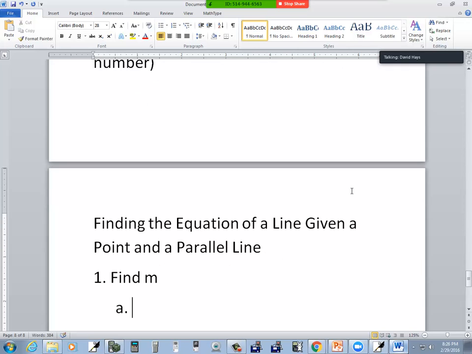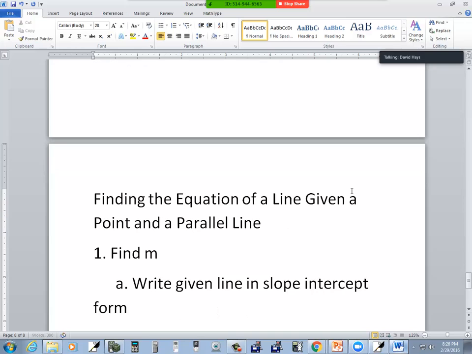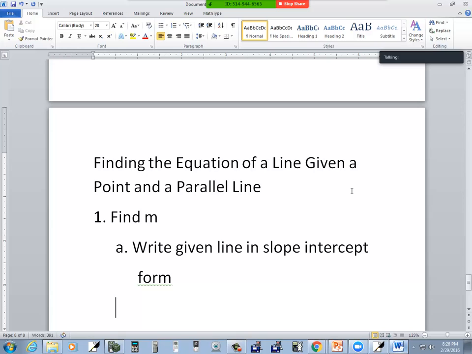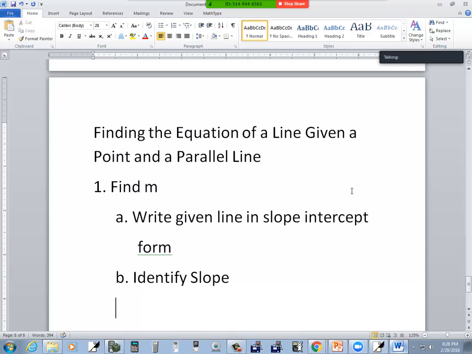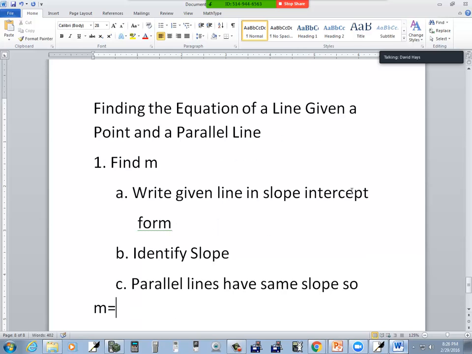Now, the first sub-step within that says to write the given line in slope-intercept form. Our second sub-step says to identify the slope. Our third sub-step says parallel lines have the same slope, so m is going to equal that slope, and we'll talk more about that with the example.